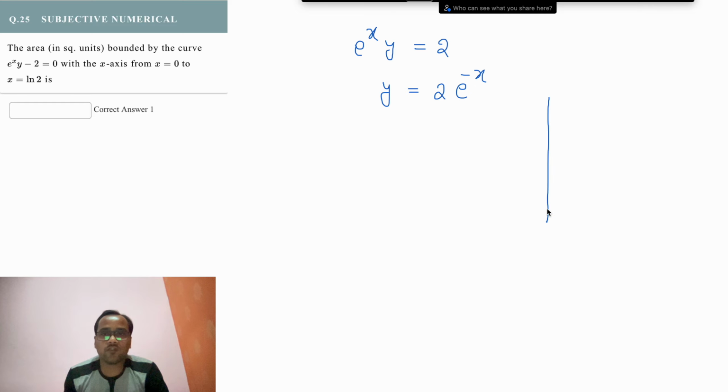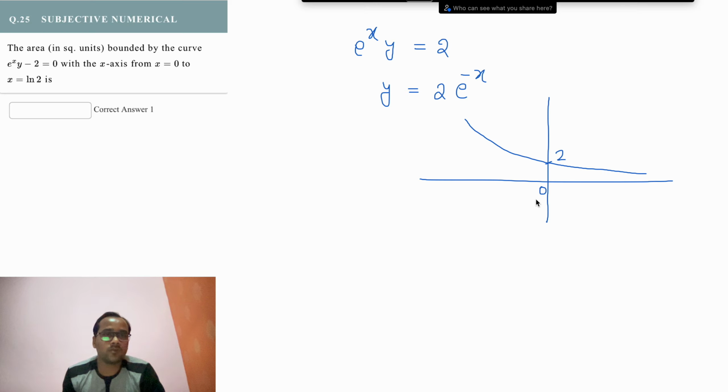You know the graph of y equals e raised to the power minus x is in this way. So twice of e raised to the power minus x will be the same, but at x equal to 0 it would be 2. Okay, we need to find the area bounded by the curve with the x-axis from x equal to 0 to x equal to ln 2. Let's say this is ln 2. So we want this area basically.